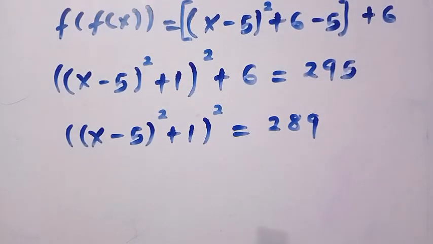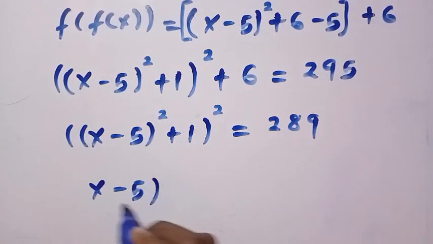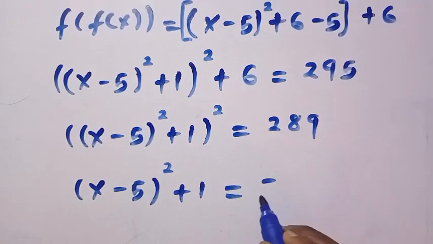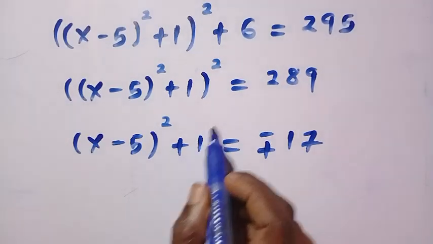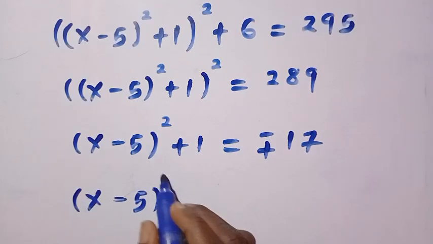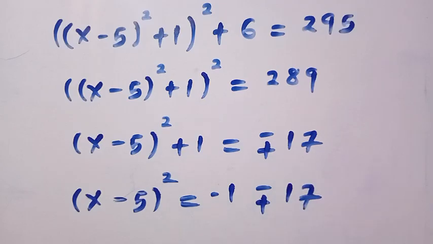By taking the square root of both sides, this cancelled, and we have x minus 5 raised to power of 2 plus 1 equals minus and plus 17. And we take the square root of it. Then if you take 1 here, we have x minus 5 raised to power 2 equals minus 1, then minus plus 17.